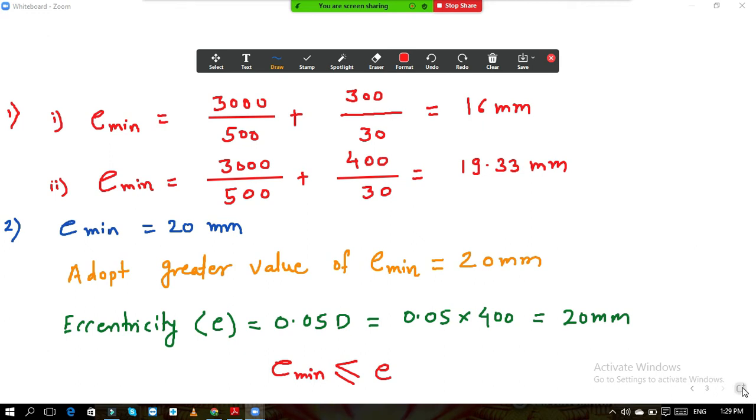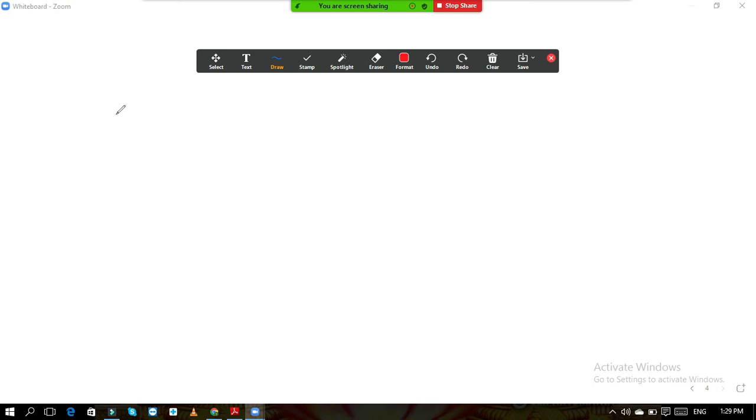Which formula are we going to use? We are going to use the formula Pu is equal to 0.4 fck Ac plus 0.67 fy Asc. This formula we are going to use to calculate the load.